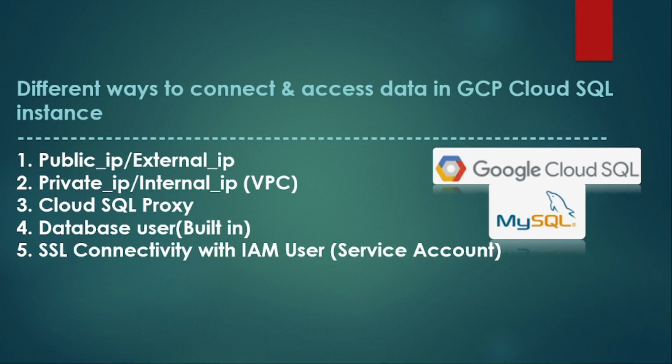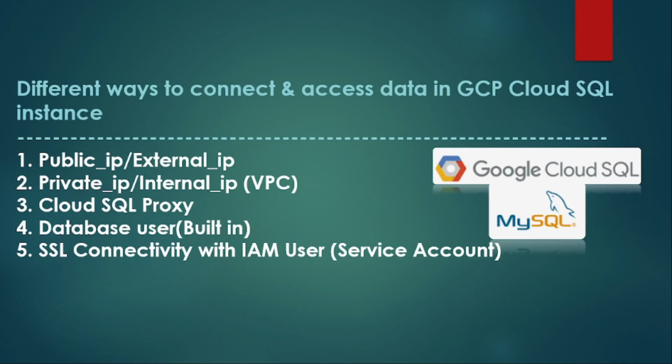Coming to the next approach, it is a database user. As everyone knows, we can create users inside a database. These are the built-in database users, and this is one more approach to connect to the database.